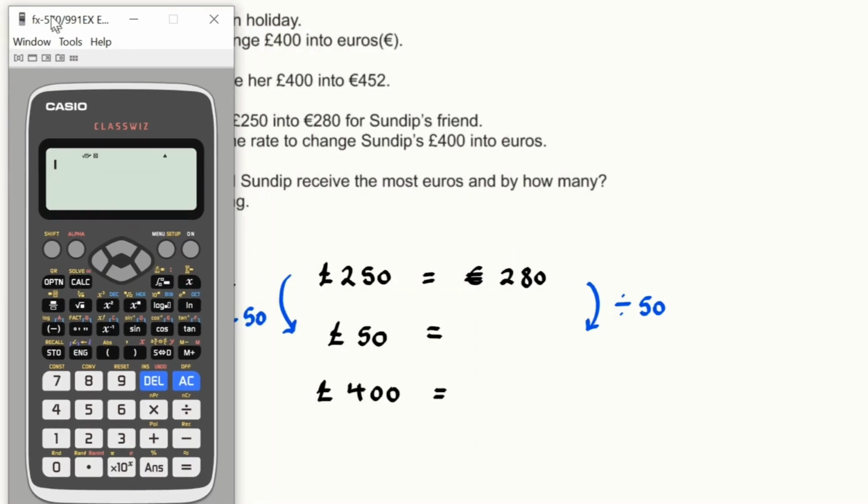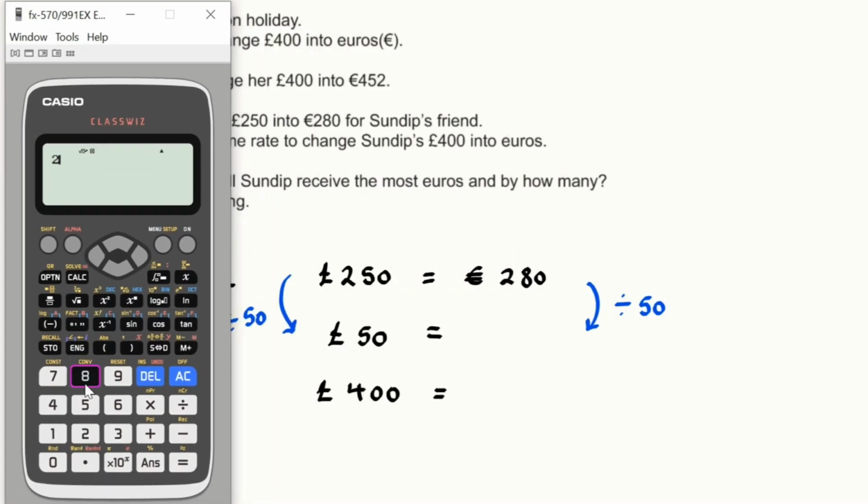And if I work that out, 280 divided by 5 is 56. So £50 is worth 56.